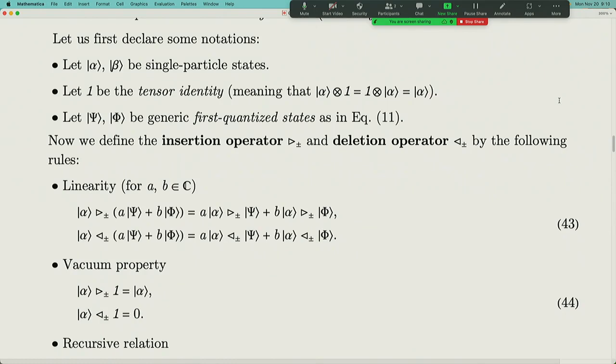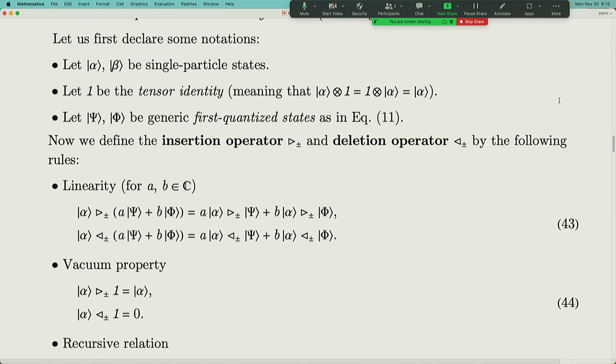It is the identity under tensor product, because any vector, no matter how long it is, if it is tensored with a 1-by-1 matrix or 1-component vector, is still the same vector itself. So we can also define this tensor identity. But when I write capital psi or capital phi, these correspond to generic first quantized states.